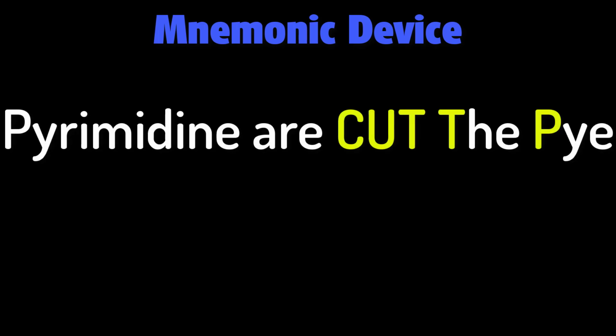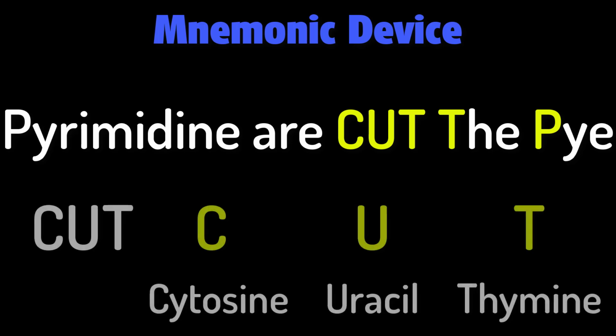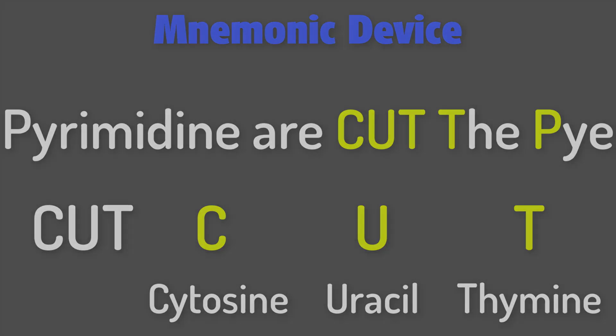And for pyrimidine, cut the pie. So CUT will help you to remember C for cytosine, U for uracil, which is found in RNA, and T is thymine. Cut the pie, so PY is for pyrimidine. Yeah, you can remember it like this.